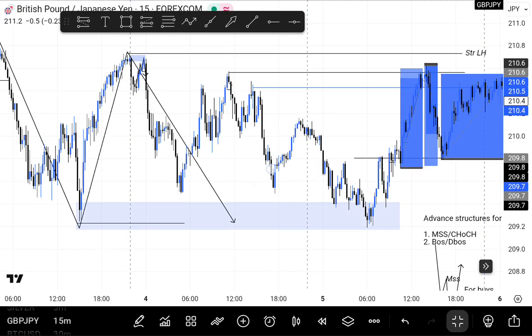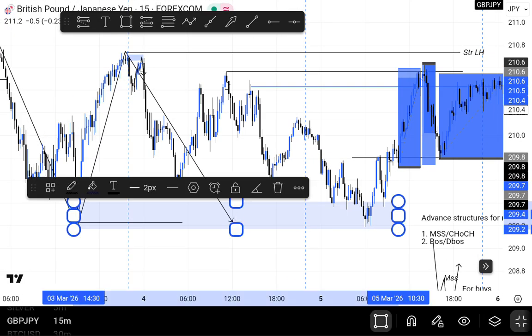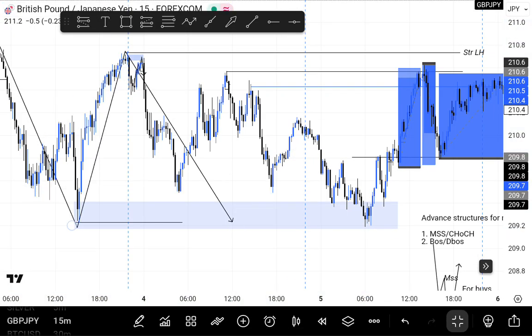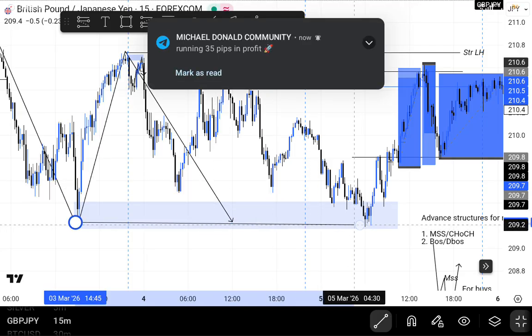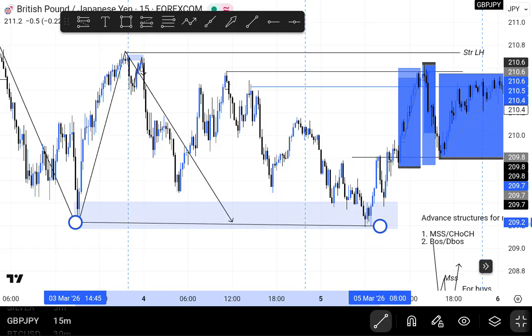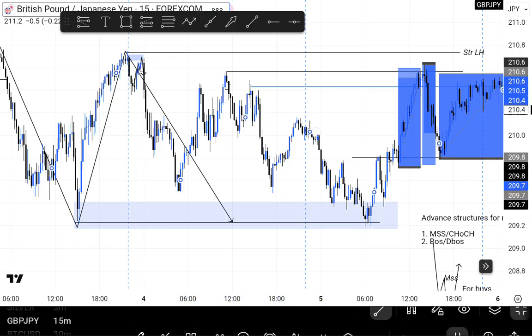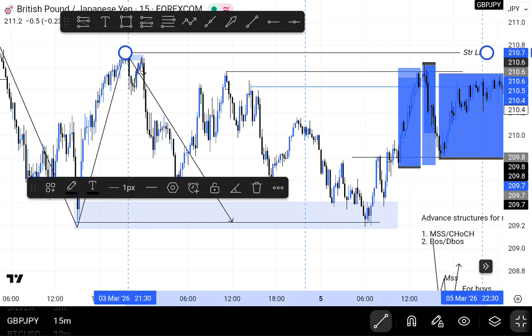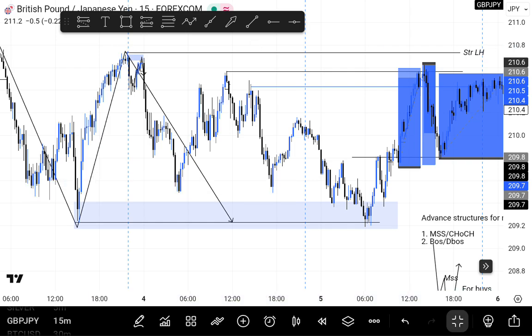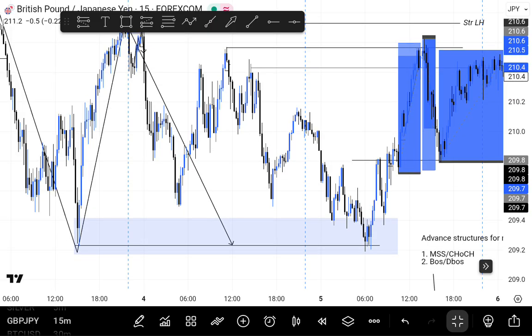And I got here. What I did was mark this low. Mark this low, and mark this high. That is a bigger lower high, bigger lower low. So once I trade inside this structure, this is what I did.